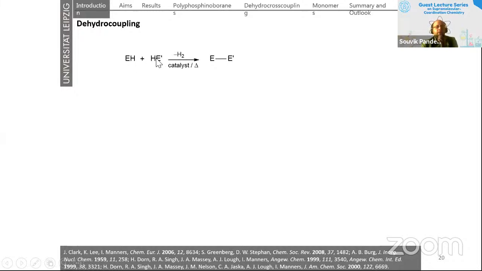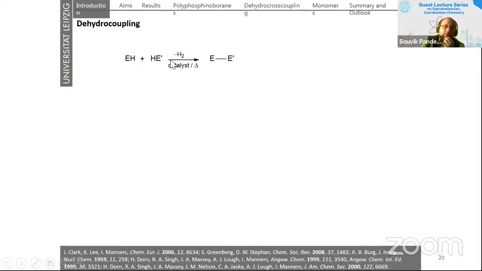When these two hydrogens are removed, you get H2 gas, and the element-element bond formation is there. But you have to remember here, this H2 cannot be formed if both are hydridic. One should be H minus and one has to be a little bit H plus. So one element should be acidic in character and one basic in character. Otherwise, H plus H minus type of formation will not be there.